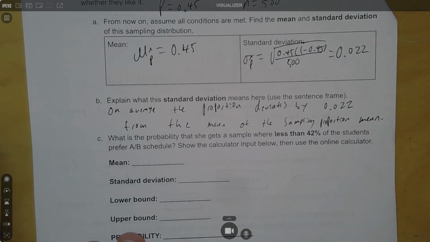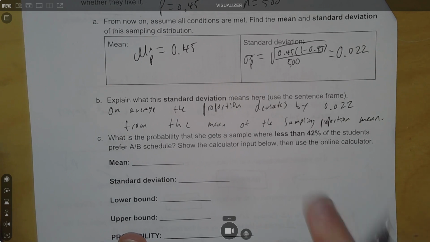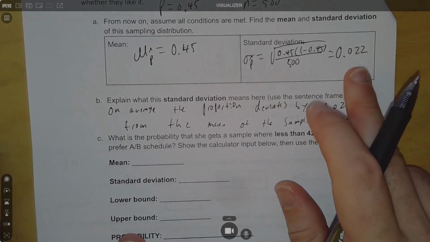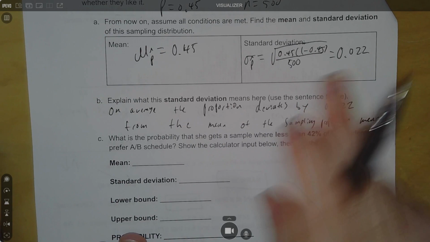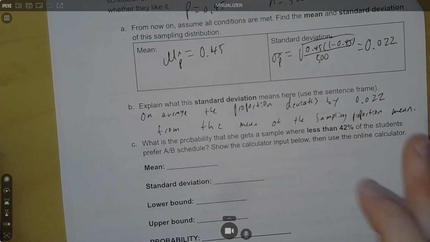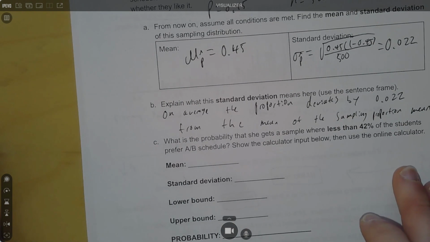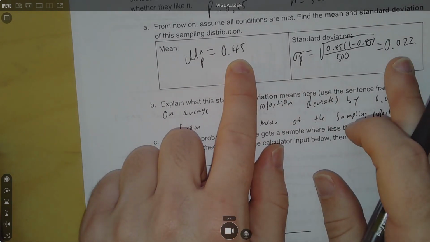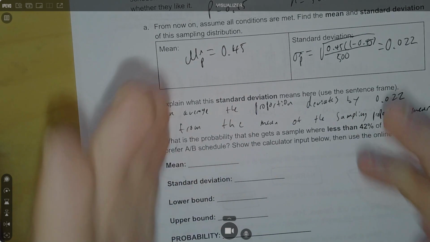Okay, the sentence doesn't have to be exactly like that, but essentially what you're saying is we are on average above and below the mean by 0.022. So you remember this from the last test probably, that you could add that value to the mean and subtract that value from the mean, and that would kind of be your range.